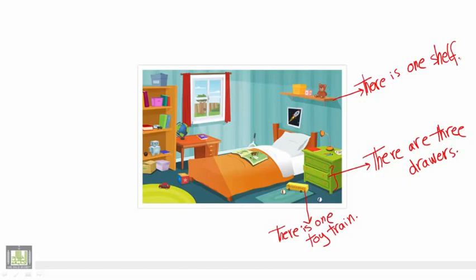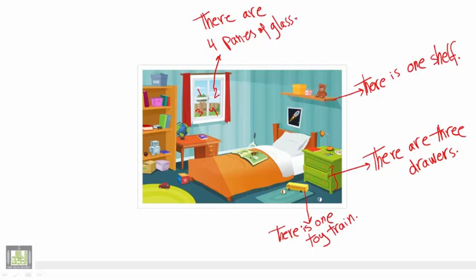Also we have هناك 4 ألواح من الزجاج, 1 2 3 4, right? So we use a plural. We say there are 4 panes of glass.